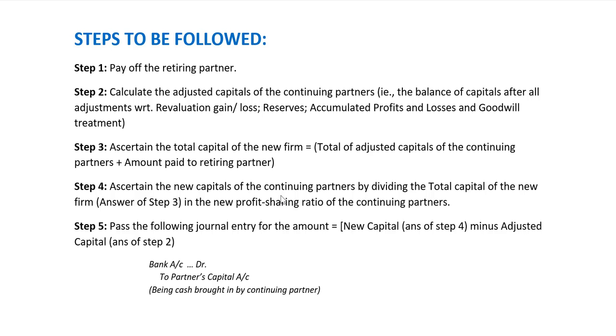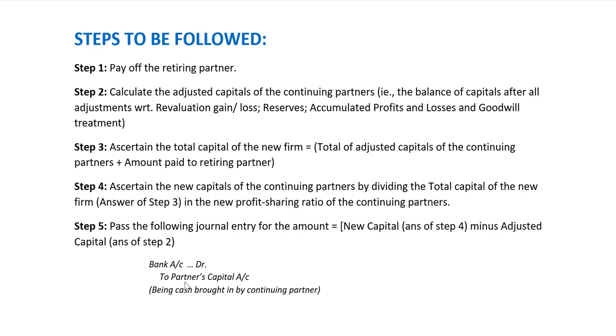So on adding these two amounts, we will get the total capital of the new firm. The fourth step is to ascertain the new capitals of each of the continuing partners by dividing the total capital of the new firm, which we arrived as per step 3, in the NPSR or the new profit sharing ratio of the continuing partners.